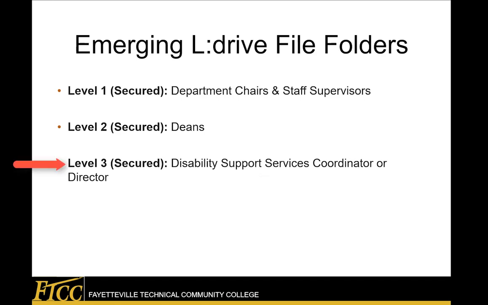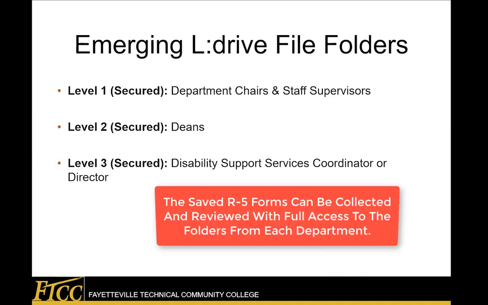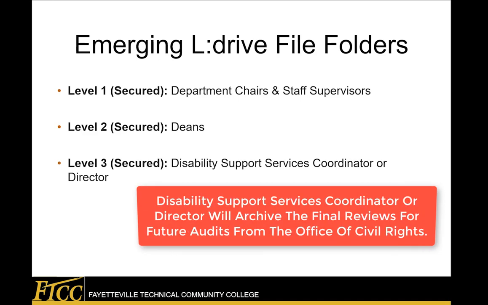The Disability Support Services Coordinator or Director file folder is secured Level 3, which means the saved R5 forms can be collected and reviewed with full access to the file folders from each department.